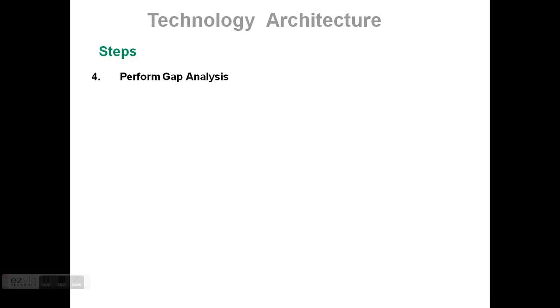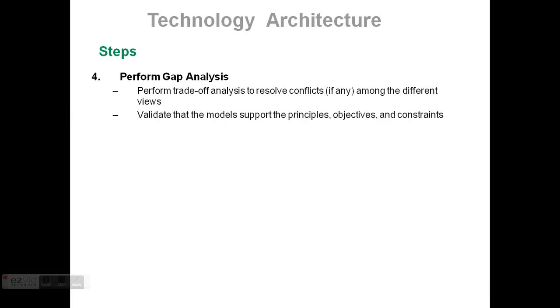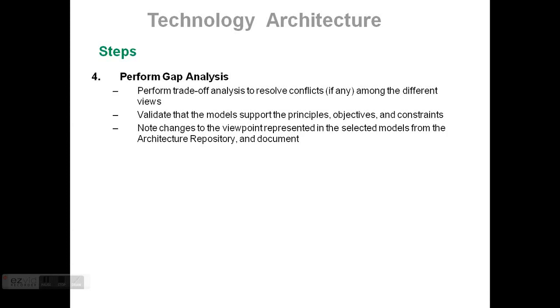We develop, or probably verify, the architecture models for internal consistency and accuracy as well. To do that, we perform a trade-off analysis to resolve conflicts, if there are any, among the different views. We also validate that the model supports the principal objectives and constraints we put in our standards step.